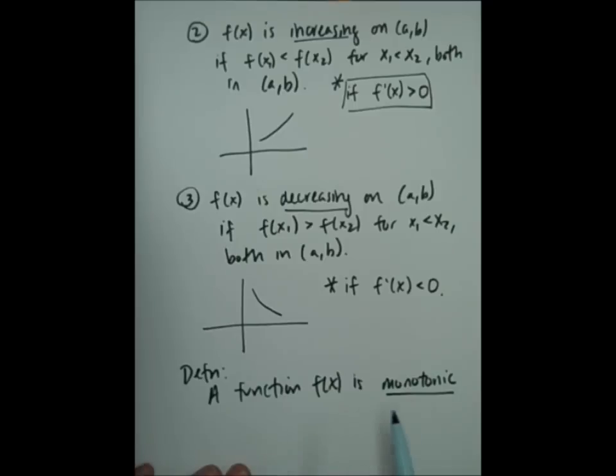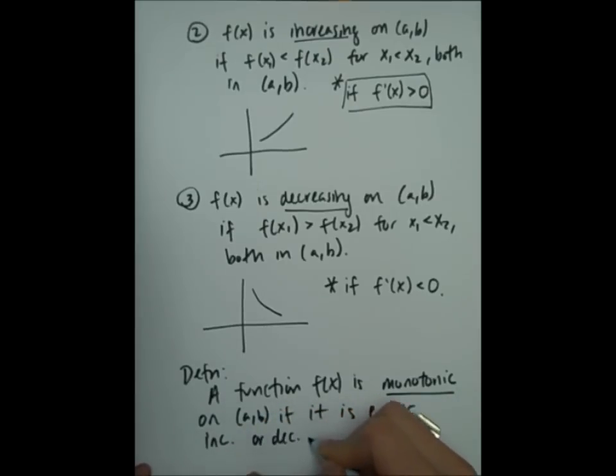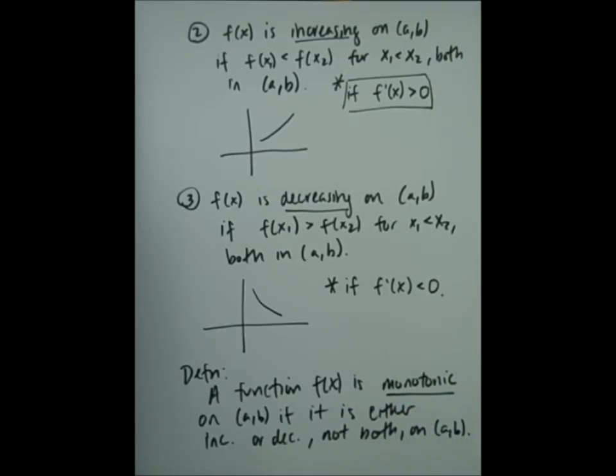We're saying that f of x is monotonic on an interval from a to b if it is either increasing or decreasing, not both, on the interval from a to b. I can't have that it's increasing for a little while and then decreasing for a little while on that interval. I need that it is definitely increasing always.